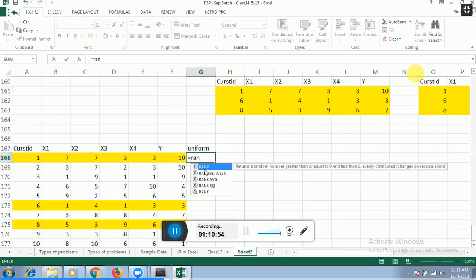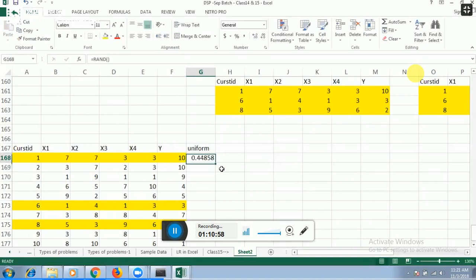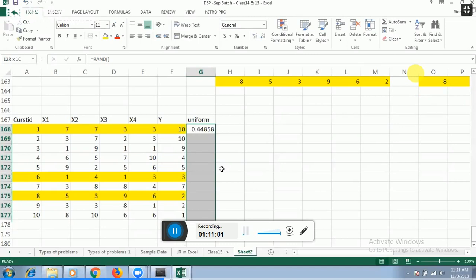So when you are doing this random, what the random distribution will do is create a value between 0 and 1 in such a way that if I take less than 0.1, you will have 10% of observations. If I take 0.1 to 0.2, you will have another 10% of observations. So uniform distribution is nothing but this: if I take equal intervals, you will have an equal proportion of observations.